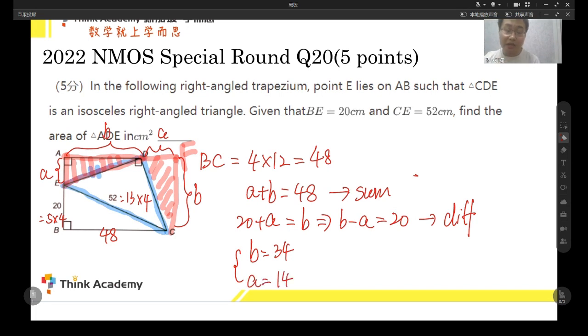And then finally we find the area of ADE, which is simply the product of A and B divided by 2. So it's 34 times 7, which is 238. So this is the way we solve this problem.